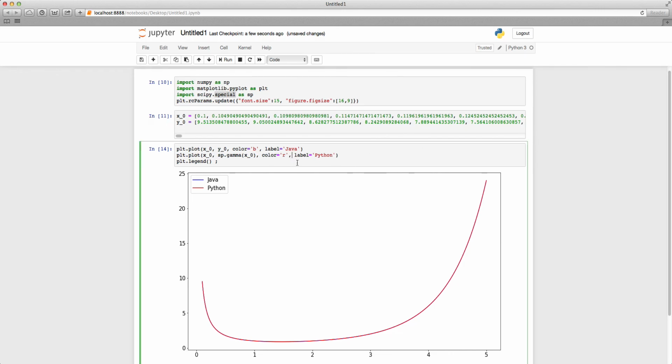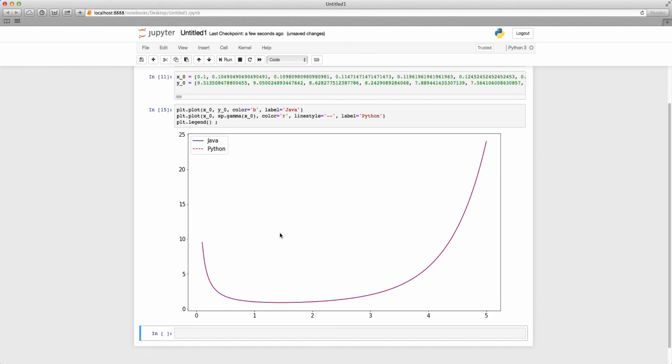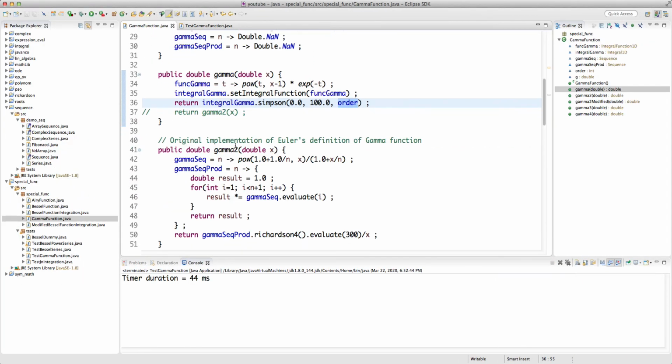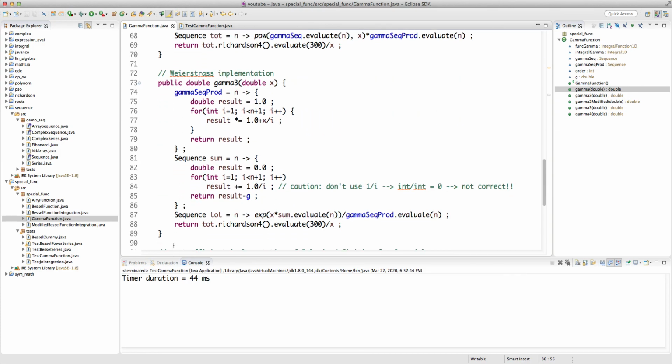And maybe let's also give it a dashed line style. As you can see, it pretty much matches what we are calculating in Java. And again, our implementation in Java is the most efficient implementation, this Gamma 3 Weierstrass. All right.